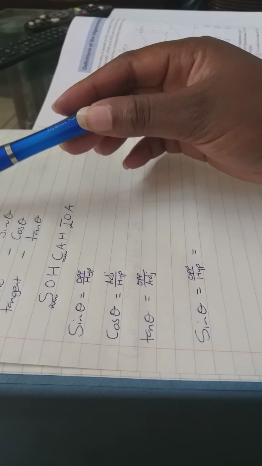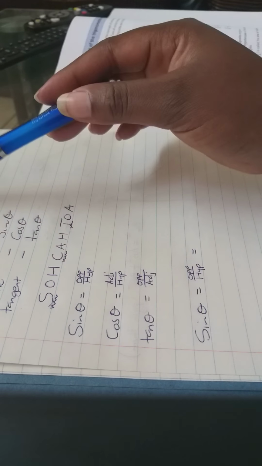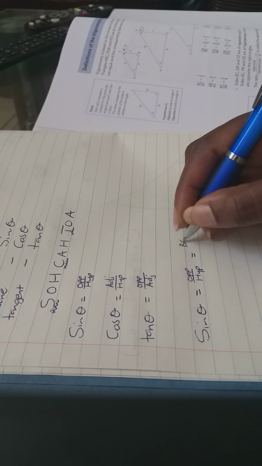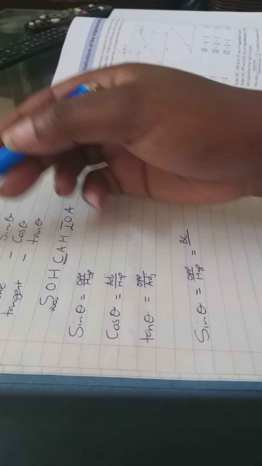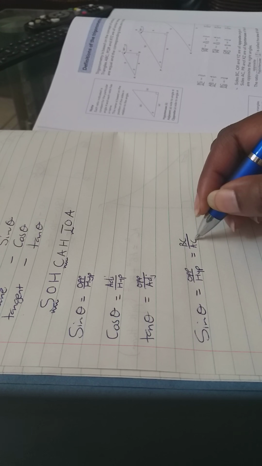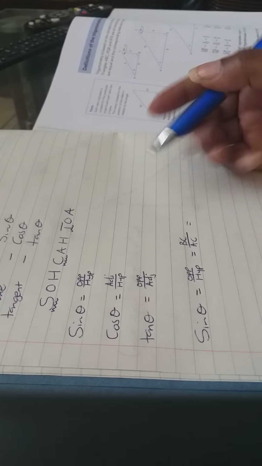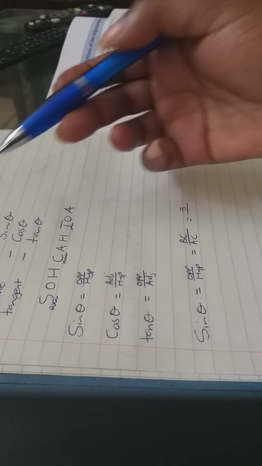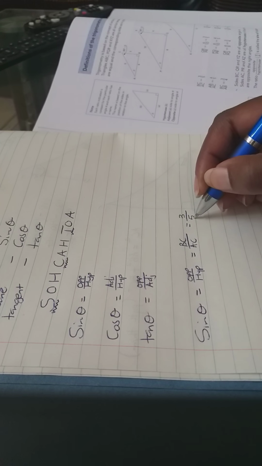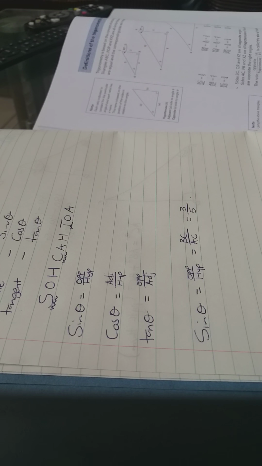What is the opposite? It's BC over, what is the hypotenuse? AC. What is the value of BC? It's 3. What is the value of AC? It's 5. That's it. So that's what our lesson is about today.